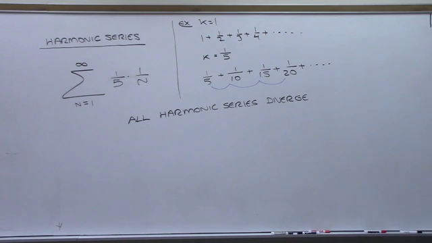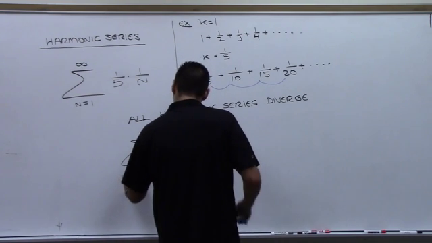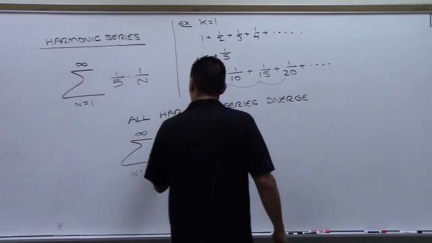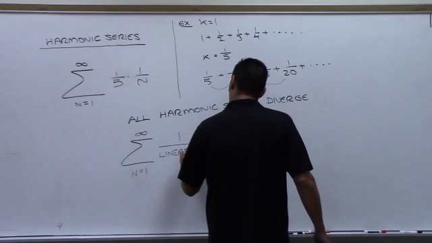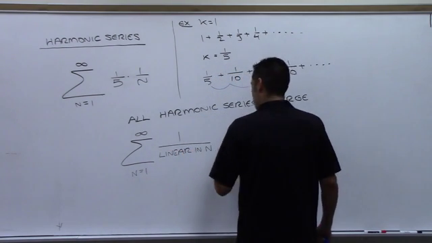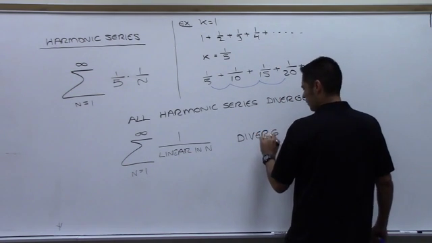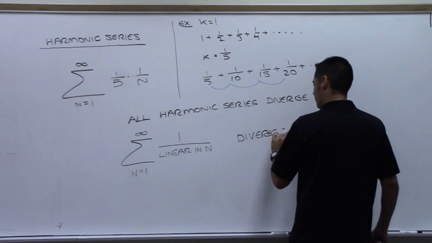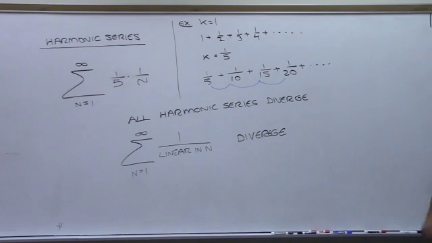So I always like to summarize it this way. If you have sum n equals 1 to infinity of 1 over a linear expression in n, this is going to diverge.